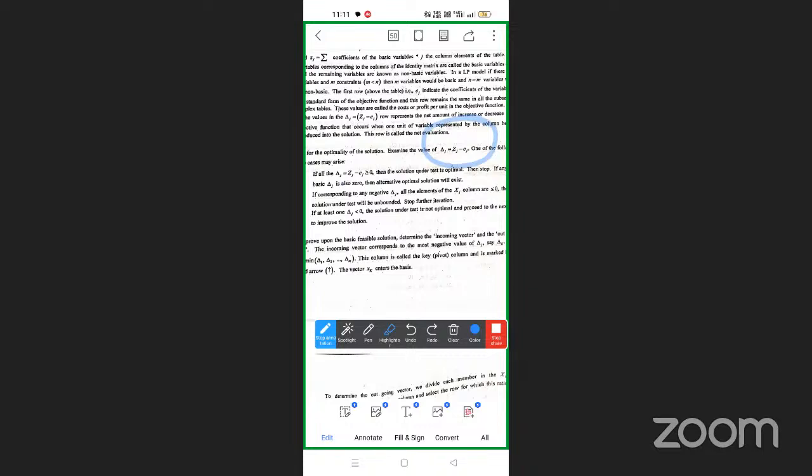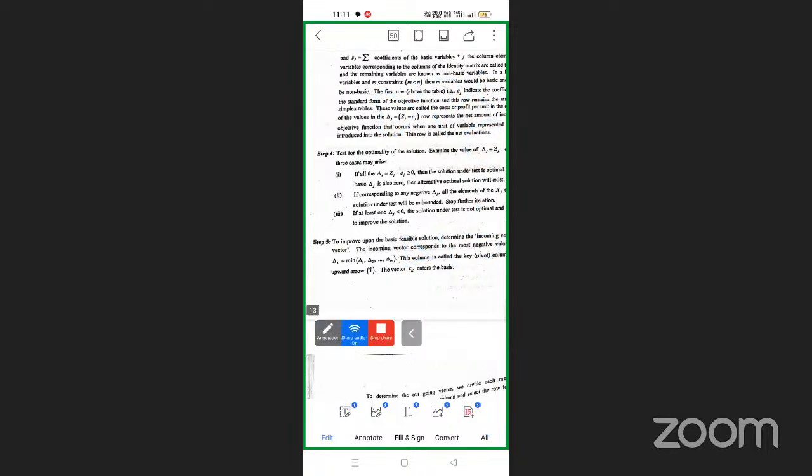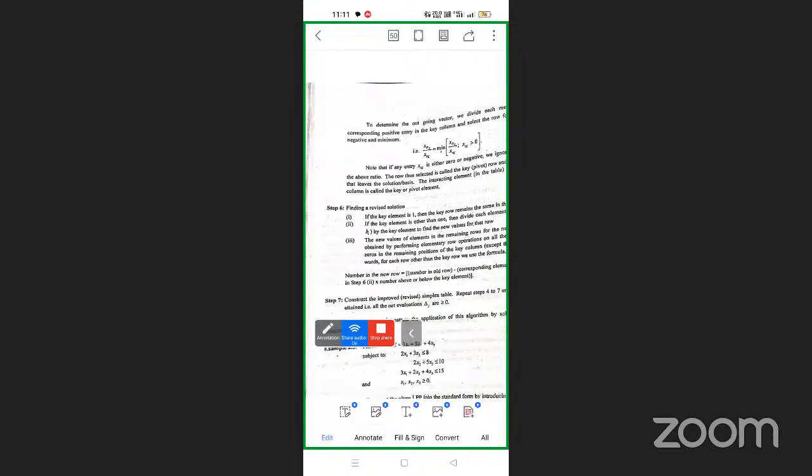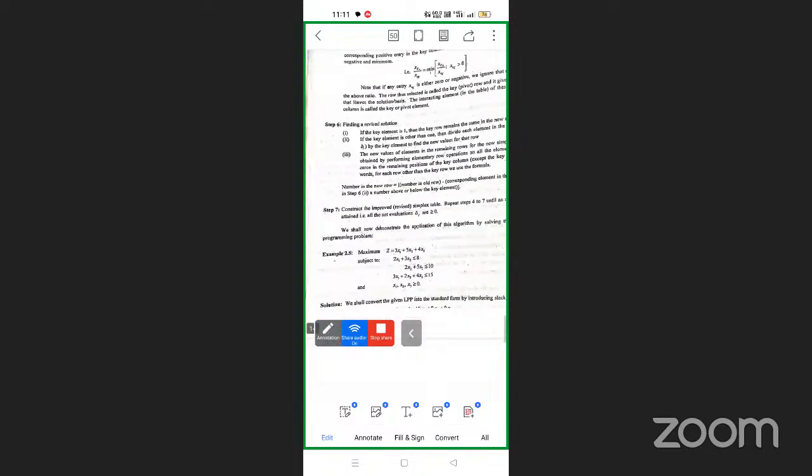If all Delta J's are greater than or equal to 0, then the solution is optimal. Then stop the process. If at least one of the Delta J's is less than 0, we continue the process until all the Delta J's are greater than or equal to 0.